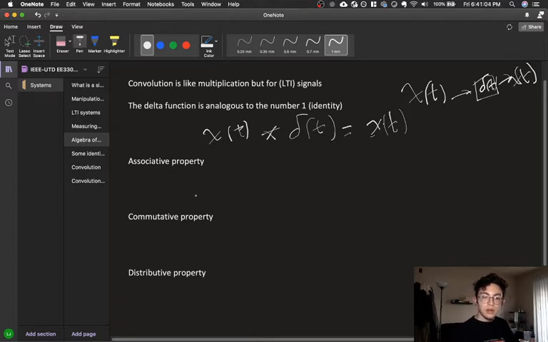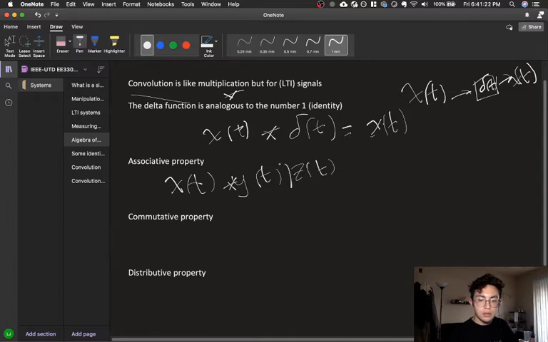This convolution operation also follows the associative property, so it doesn't matter what order we convolve signals in. We can move around parentheses: x of t convolved with y of t, convolved with z of t.